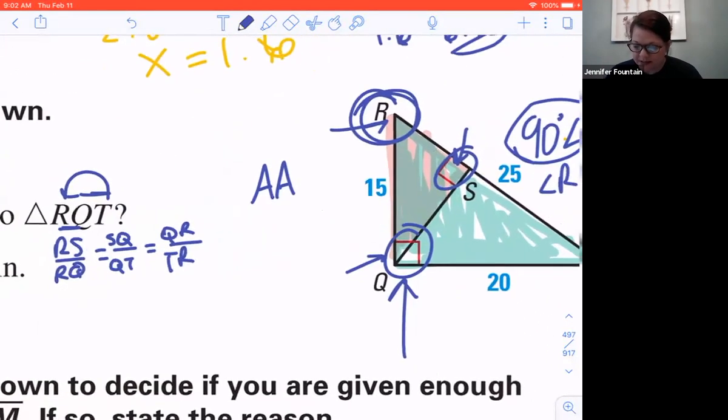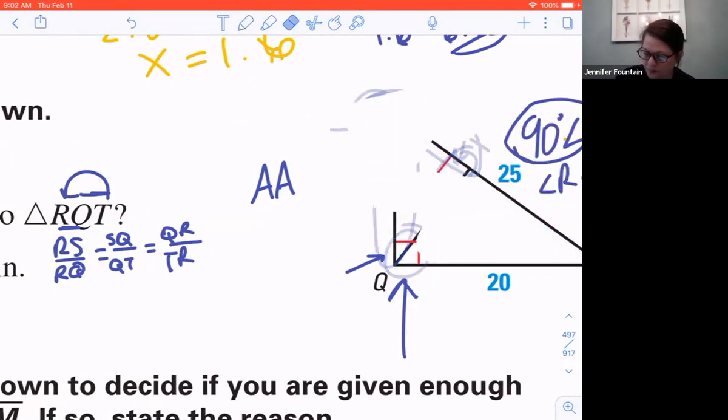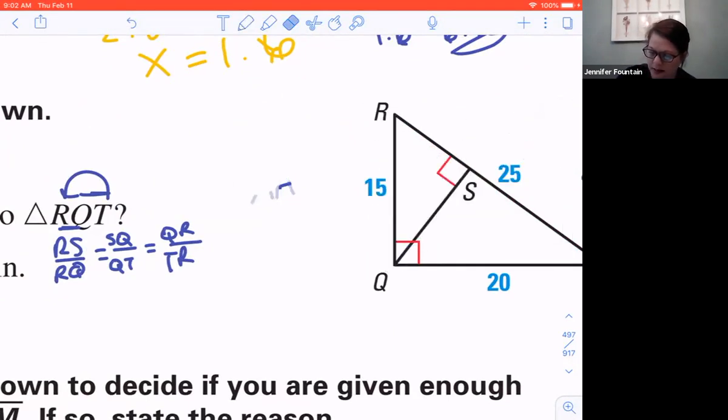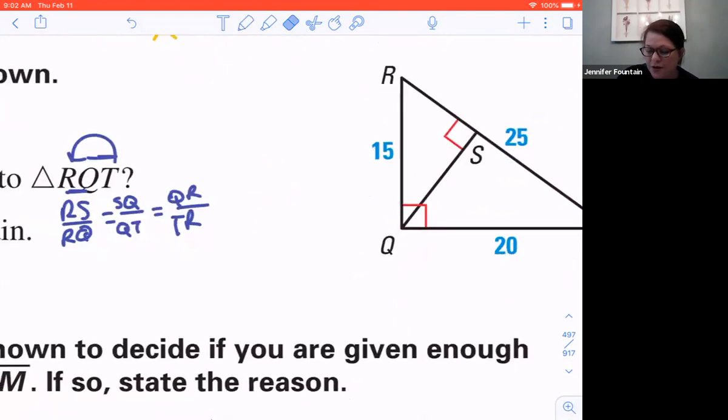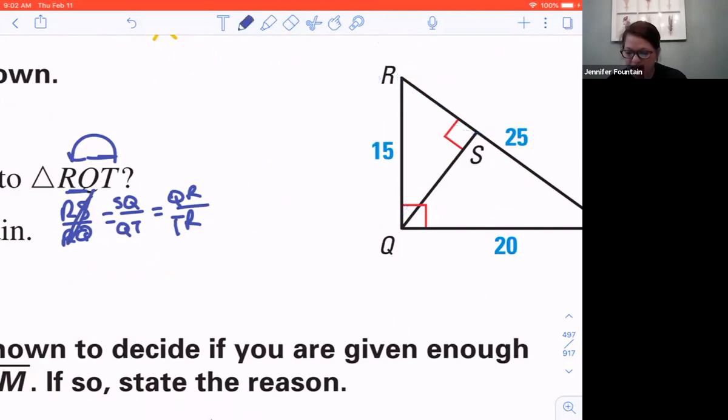So now I can see that RS over RQ. Well, I'm going to erase over here so I can see a little better. I know that RS corresponds with RQ, but I don't have a number there for RS, so I cannot use that as my side to figure my scale factor.